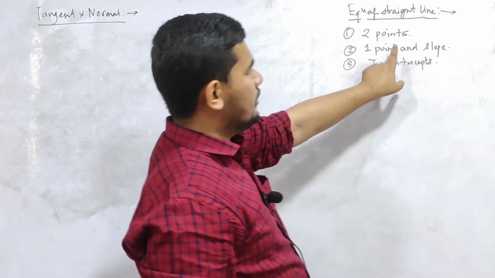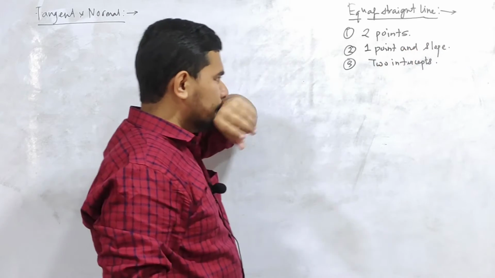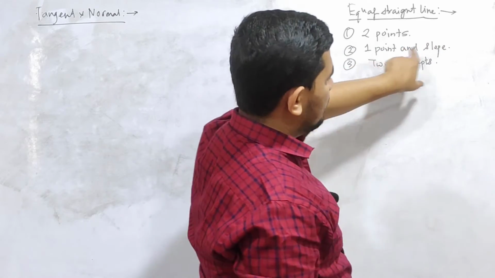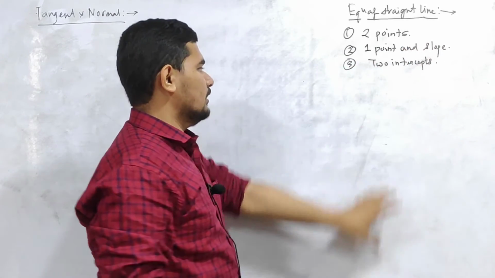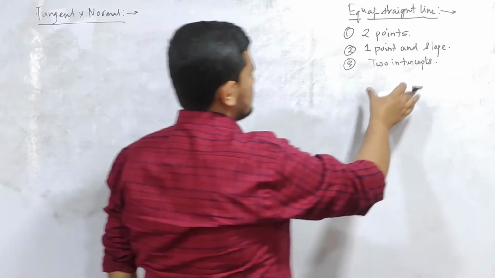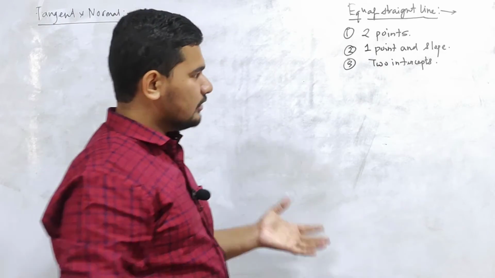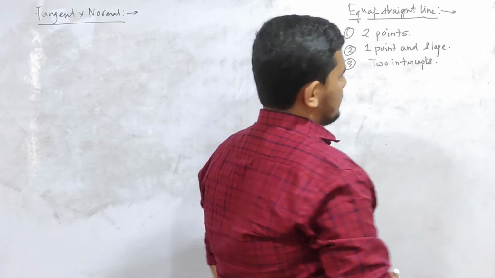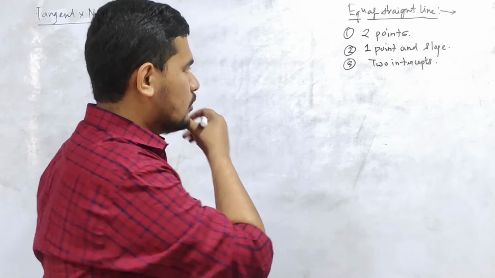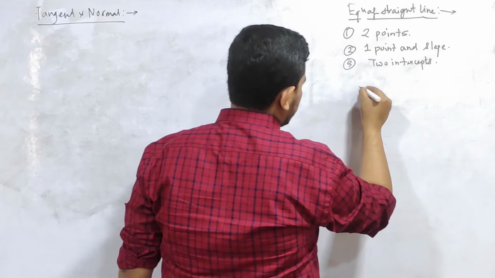Sometimes it will be given as 2 points on the Cartesian coordinate. Sometimes it will be 1 point and 1 slope, that is the slope of the line whose equation you are finding, and sometimes it will be the 2 intercepts, that is, the points at which the line cuts the x-axis and y-axis.